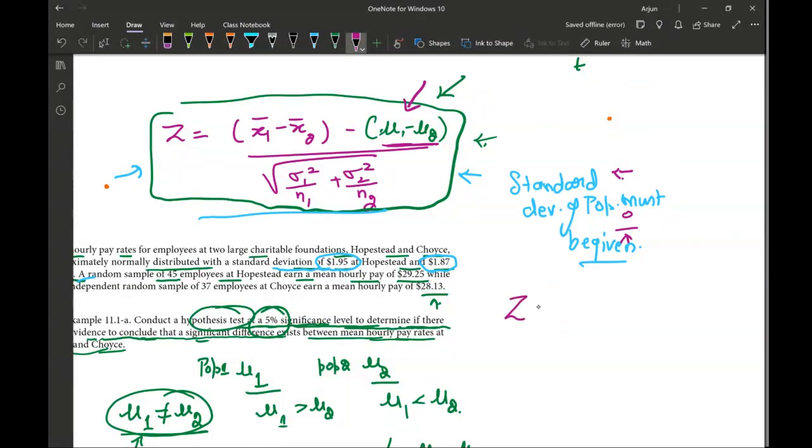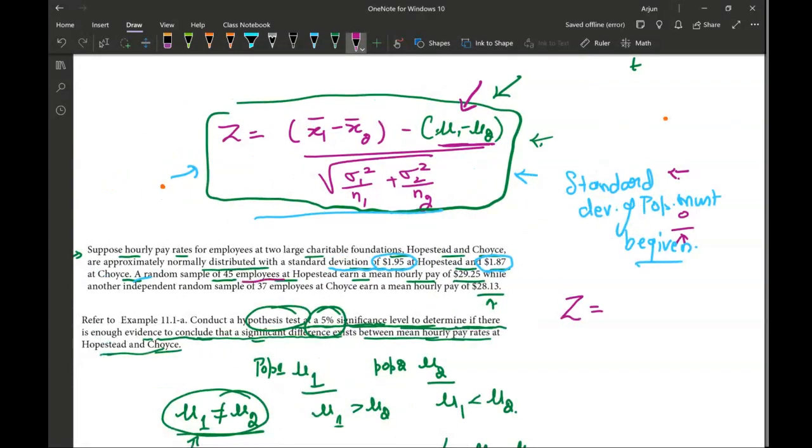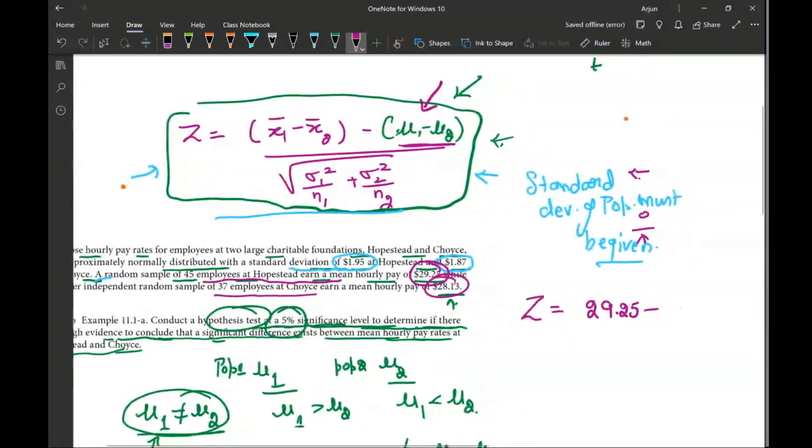Now, to solve this question, x1 bar, which is given to me for 45 employees at Hofstede, is 29.25. And for x2 bar, for the 37 sample, it is 28.13.